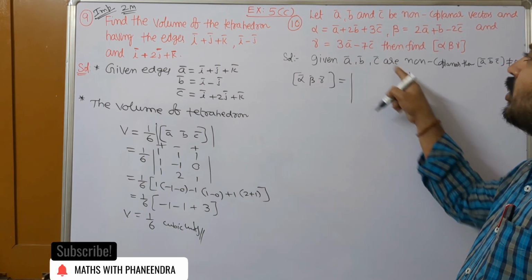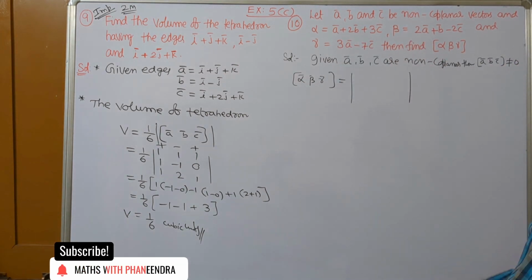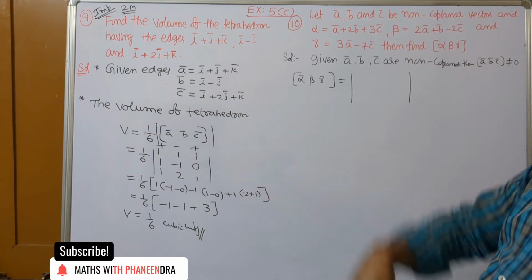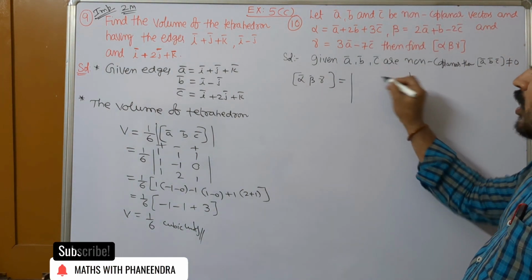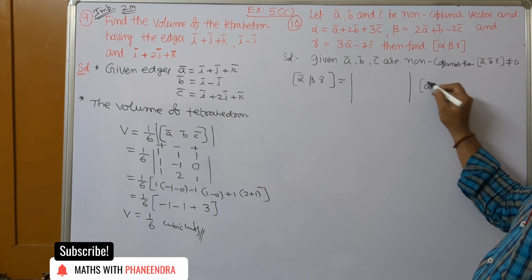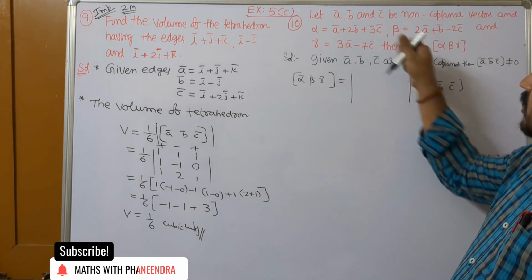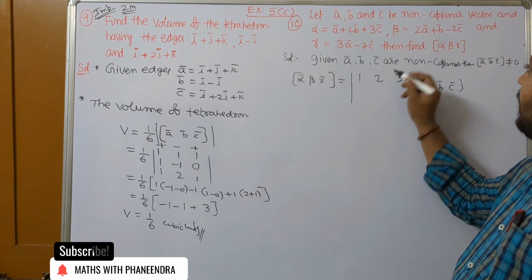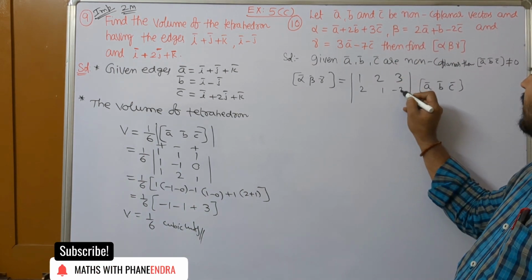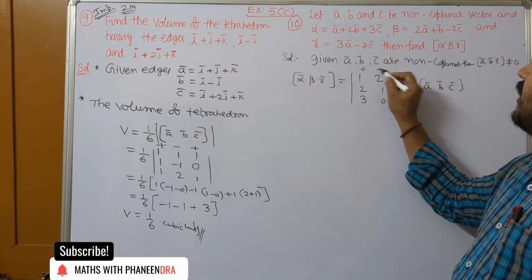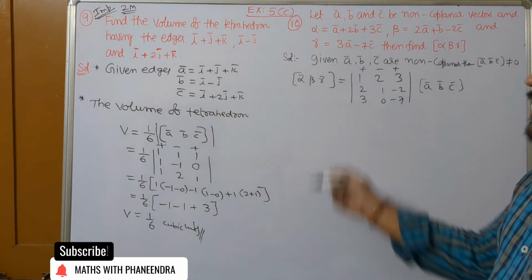Alpha bar, first row you write it. While writing alpha, beta, gamma containing A bar, B bar, C bar non-coplanar vectors, we cannot write them here. You take it as box of ABC aside and write only their coefficients here: 1, 2, 3, 2, 1, minus 2, 3, 0, minus 7. Again we need to expand like 3 by 3.